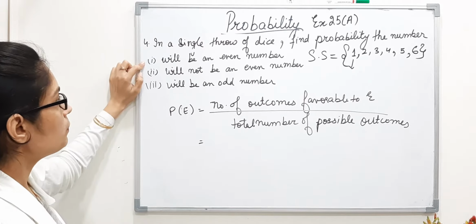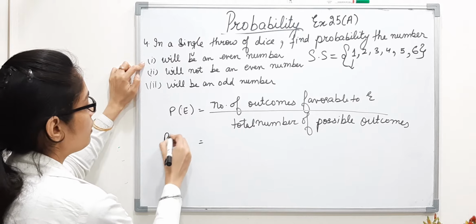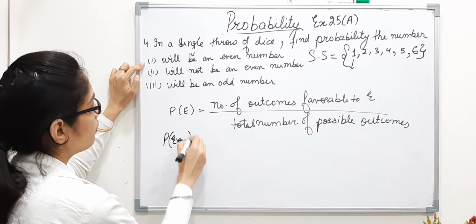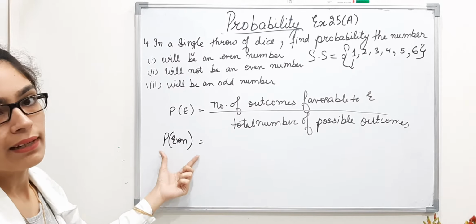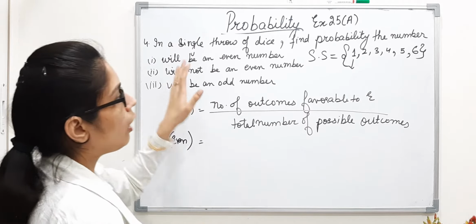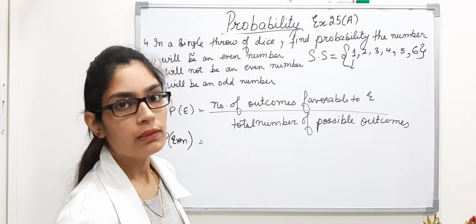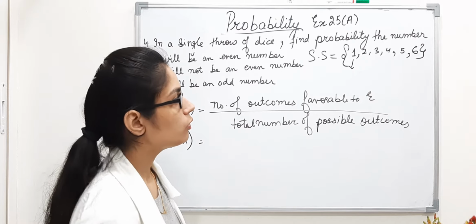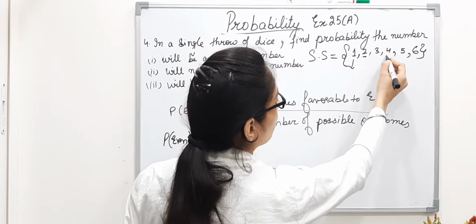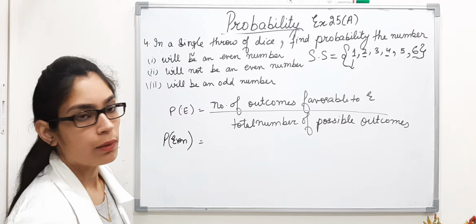Now the first part is what will be the probability of an even number. So I will write probability of even number. Here you can write P in bracket, you can write even number. So how many even numbers are there? Even numbers are those numbers which are multiples of 2. 1, 2, 3. 3 even numbers are there.